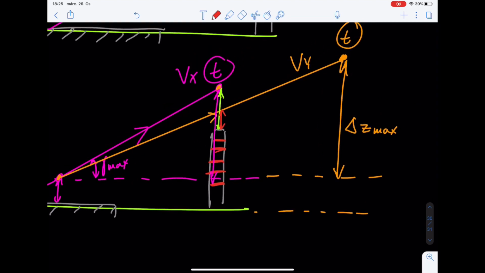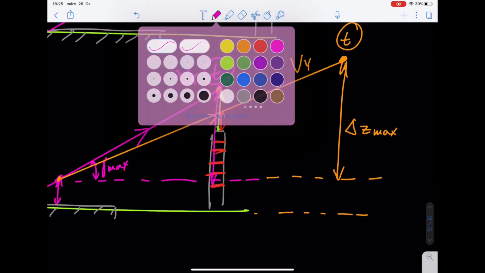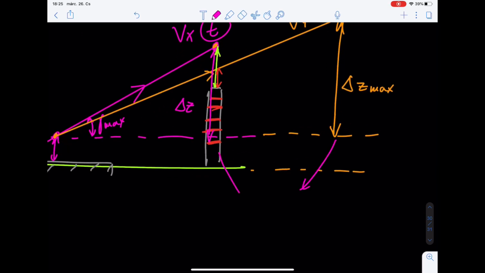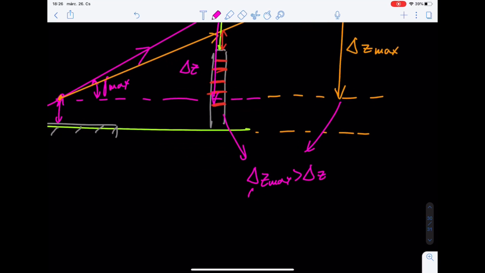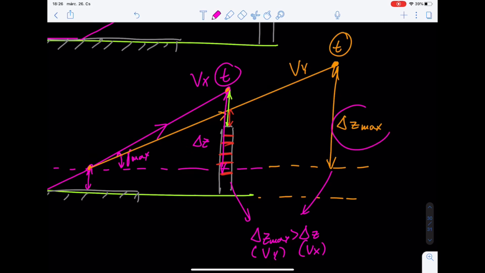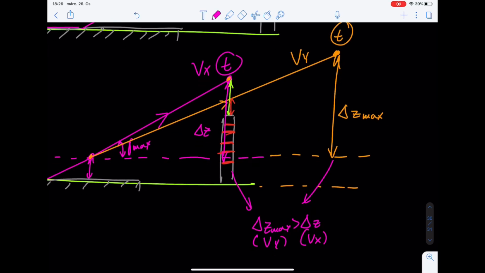So altogether, in the same amount of time, I climbed higher, so the delta Z max is of course higher than the delta Z which I managed with the Vx. Sorry, I managed this with the Vy. This I managed with the Vx.